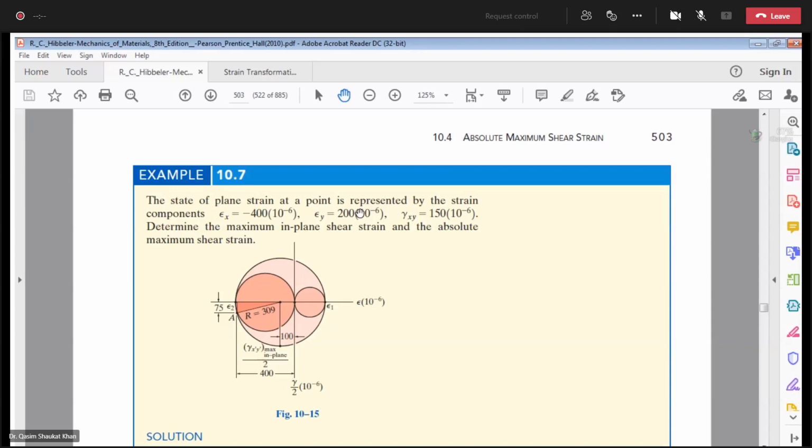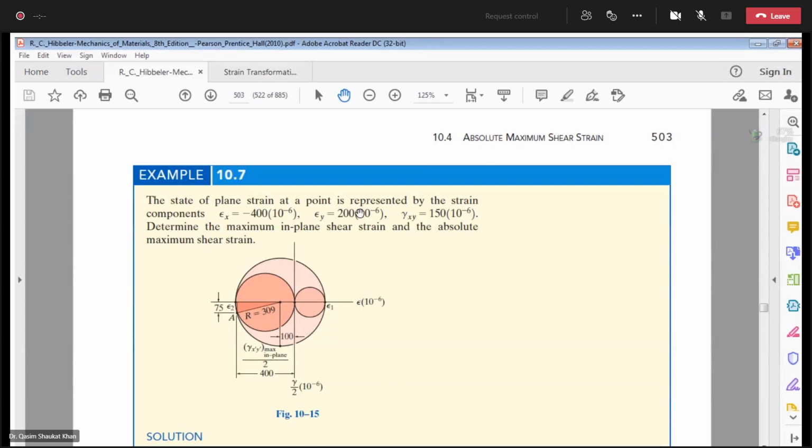When you get the values of epsilon 1 and epsilon 2, you will see whether both your principal strains have the same sign or different signs. If they have different signs, the larger value will be epsilon 1, and the negative value will be epsilon 2.